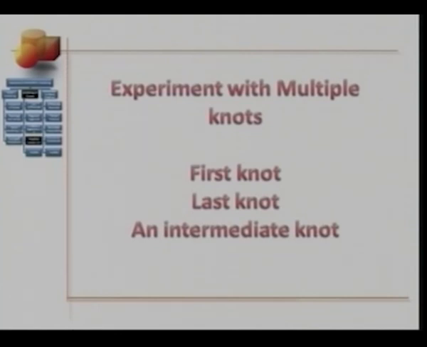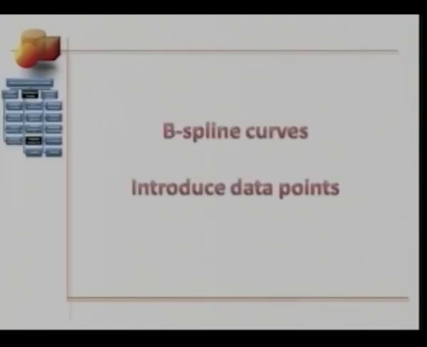Likewise, we also tested for the last knot having multiplicity 4, and for any other intermediate knot, we tested for its multiplicity. We are now ready to design B-spline curves.